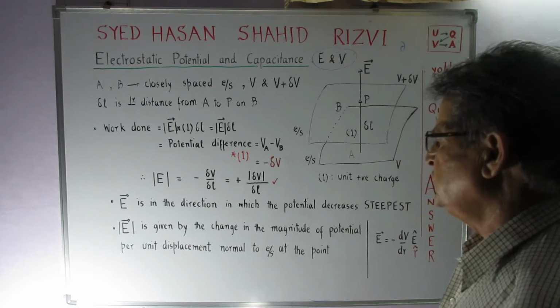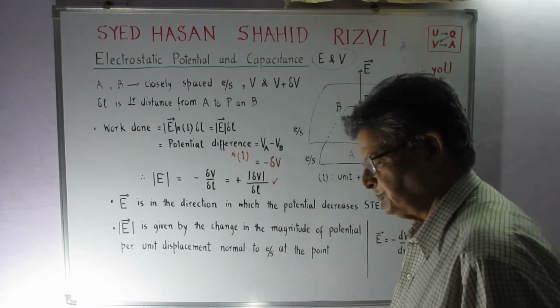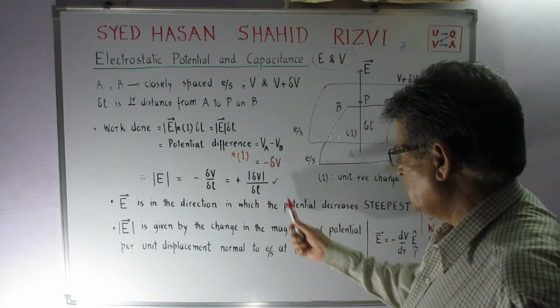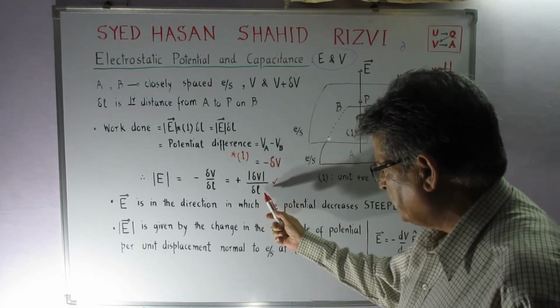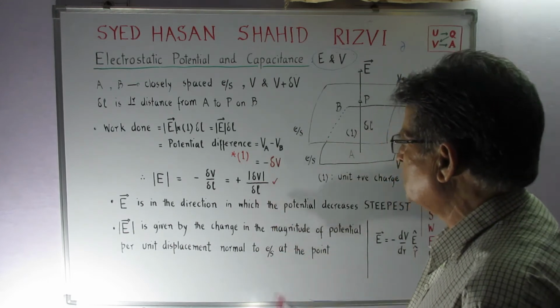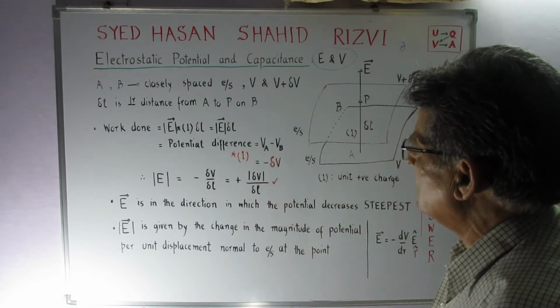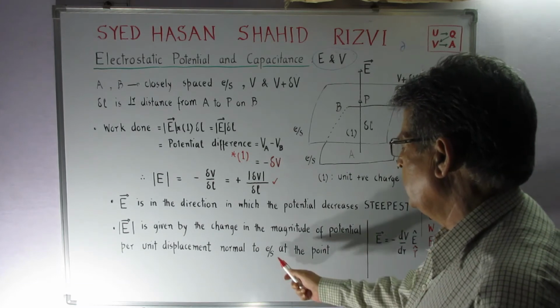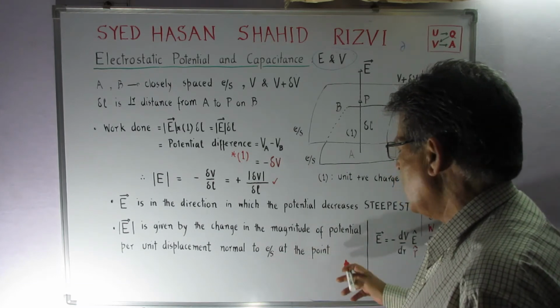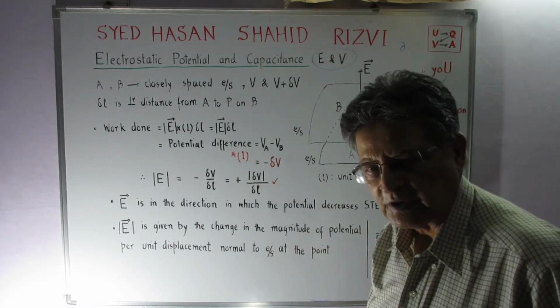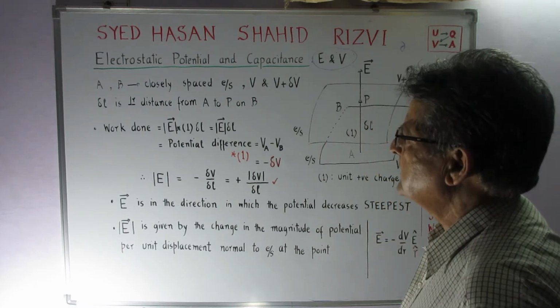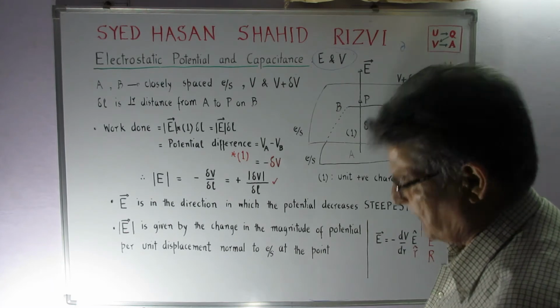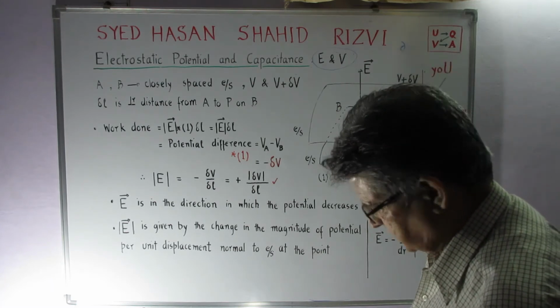And number two, the magnitude of the electric field is given by the change in the magnitude of potential per unit displacement normal to the equipotential surface at the point under consideration.